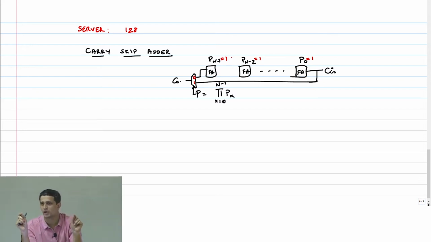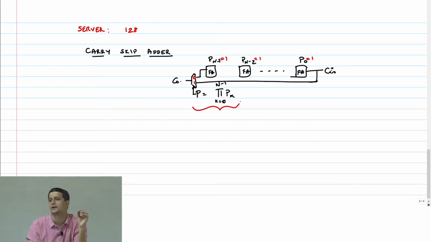The A XOR B operation will happen in parallel across all the adders. You will get all propagate signals in one shot. Then you just need to do this AND and multiplexing. In 2 units of time, or let's say 3 units of time, doesn't matter. In some fixed time which is independent of n, I have got my carry out ready. So it cannot be that everything is in propagate mode. First one is in generate mode. Exactly. So the worst case is this has to be in generate mode and then the carry has to propagate all through.